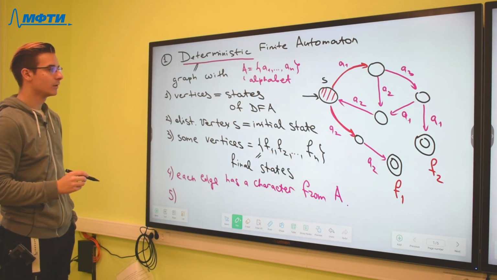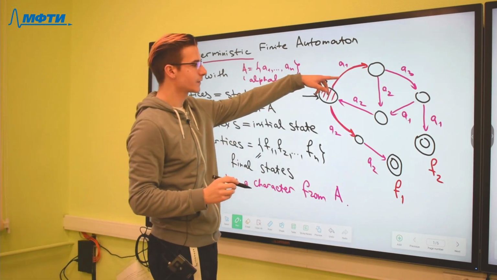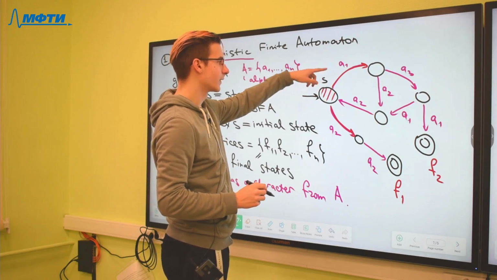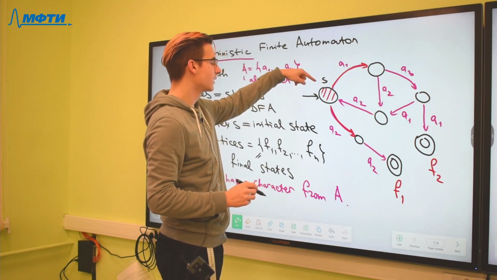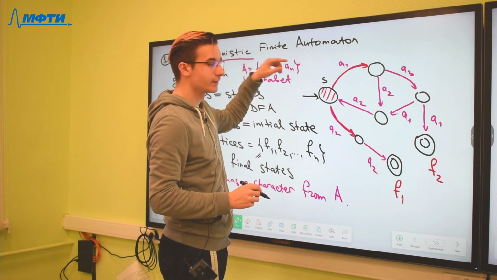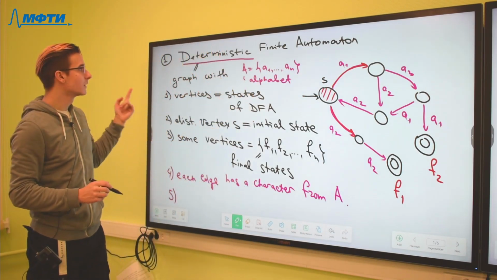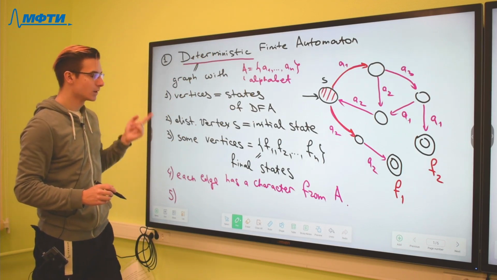If for all edges the characters on the arrows that start with this vertex are different, then we say that the automaton is deterministic.